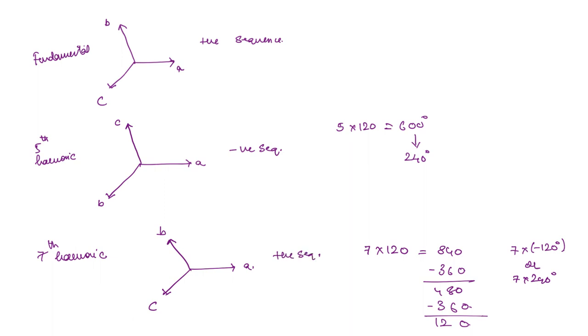Now, what will be the speed of the RMF produced because of the fifth harmonic or the seventh harmonic? Here the number of poles is going to increase.